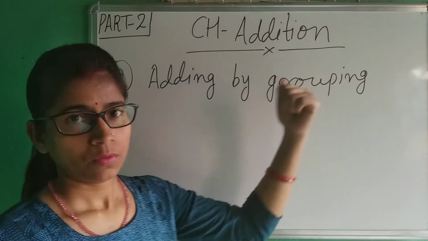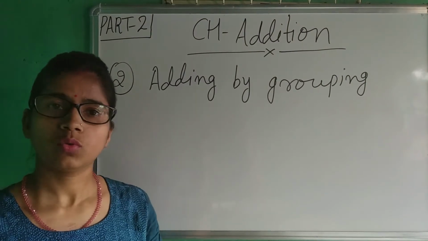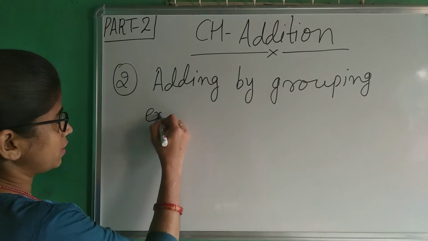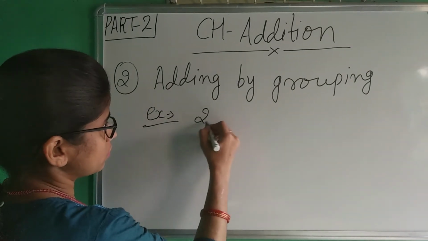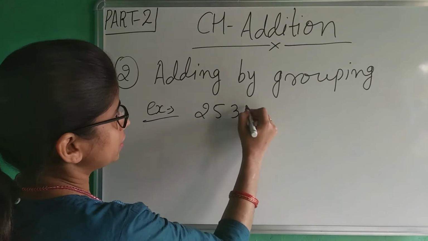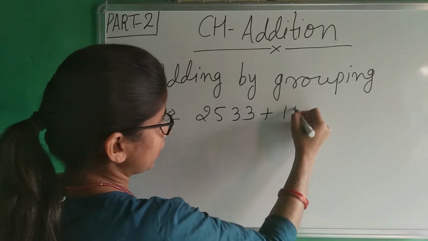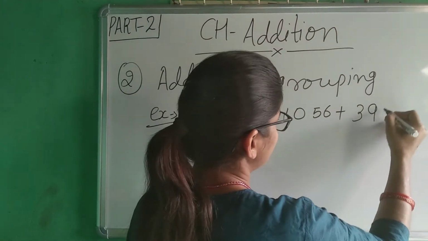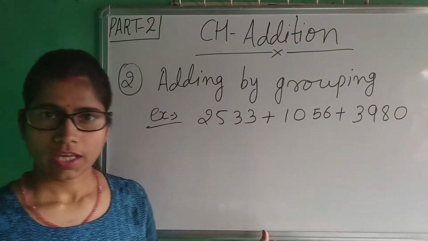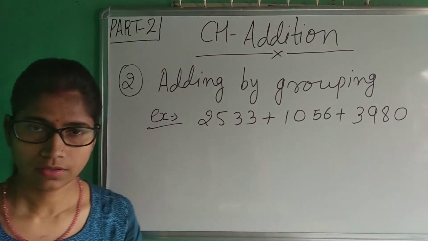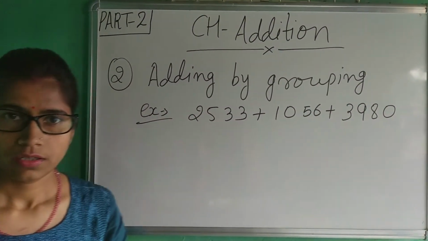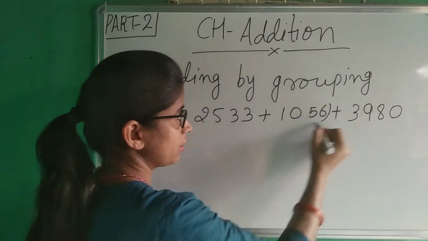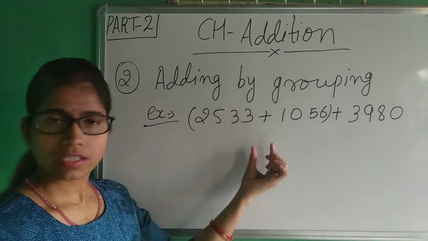When you have two or more than two numbers, for example, I am taking 2533, 1056, 3980. I am taking three numbers. So how will you add? You can add the first two numbers, and then you will get some answer.